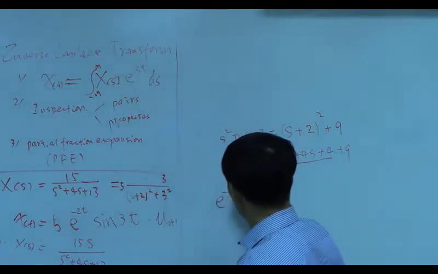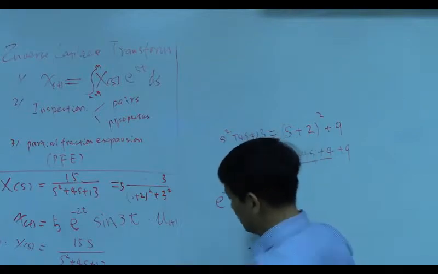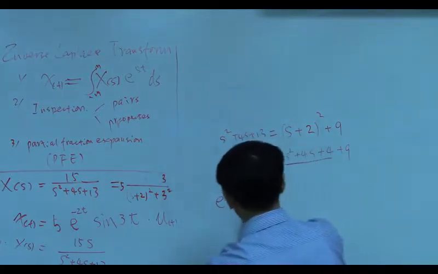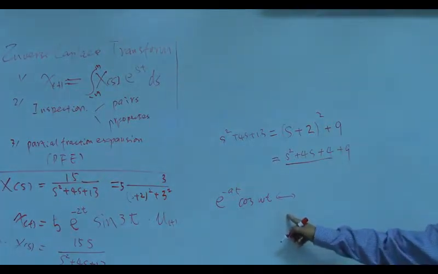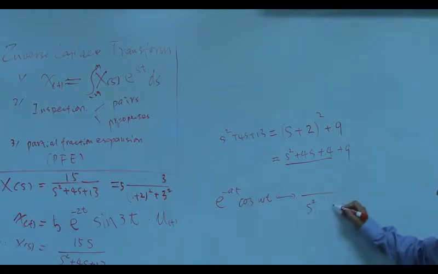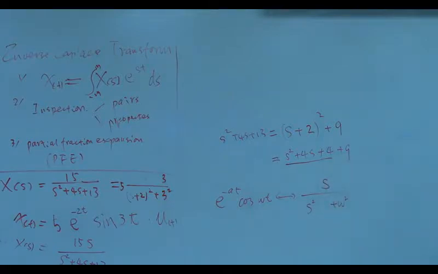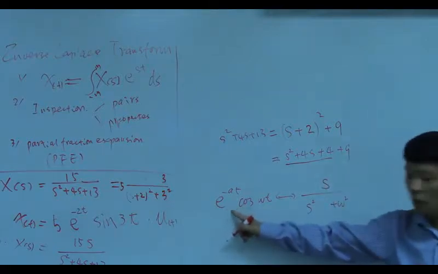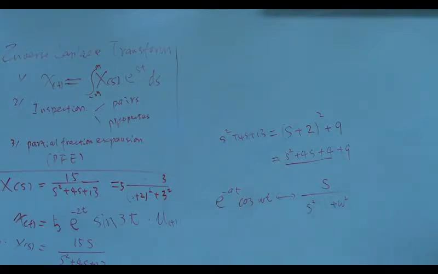e to the negative at, cosine omega t, right? What is the Laplace transform for this? We know for cosine omega t, that is s over s squared plus omega squared. On the top, that will be s, right? But this is e to the negative a t multiplied by this. So I need to replace the s with s plus a.